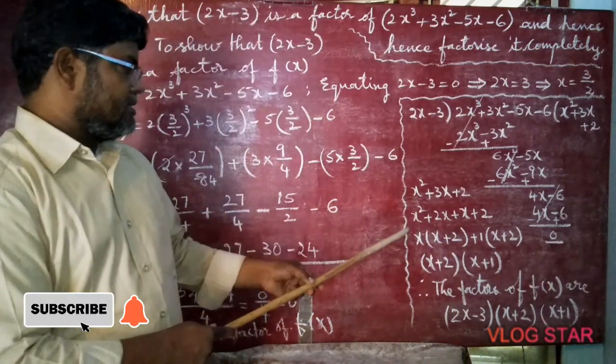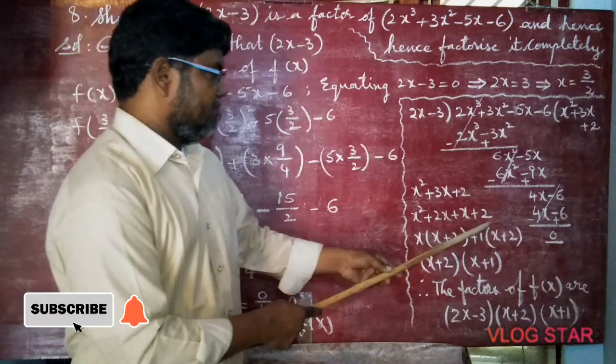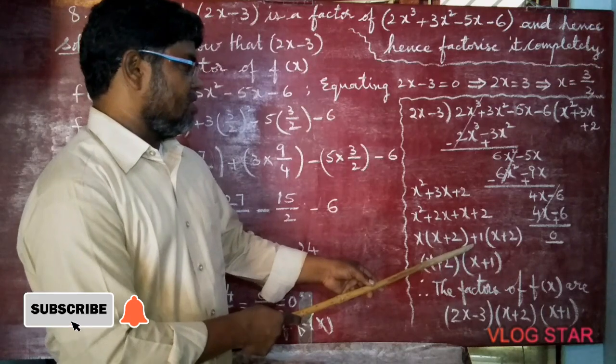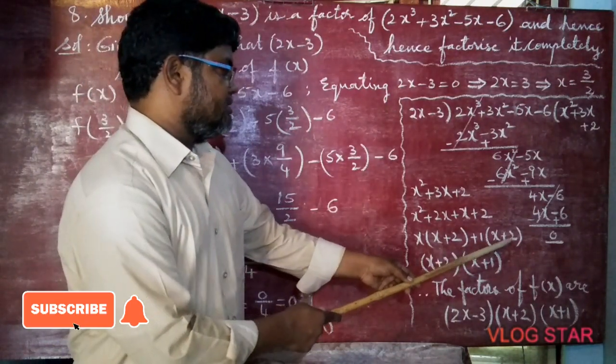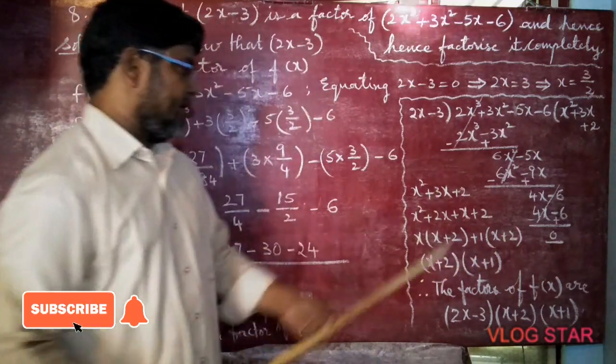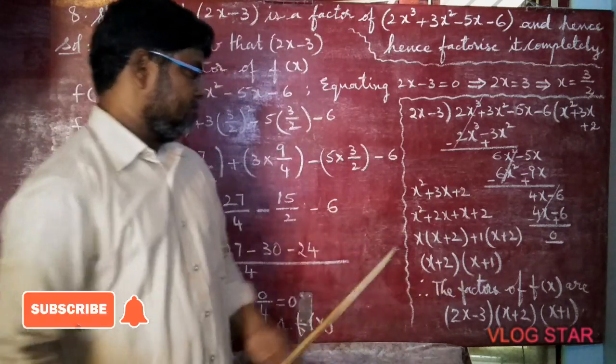From the first two terms take x common: x(x + 2). From the last two, take plus 1 as common: 1(x + 2). What comes in the first bracket exactly should come in the second bracket. So (x + 2)(x + 1).